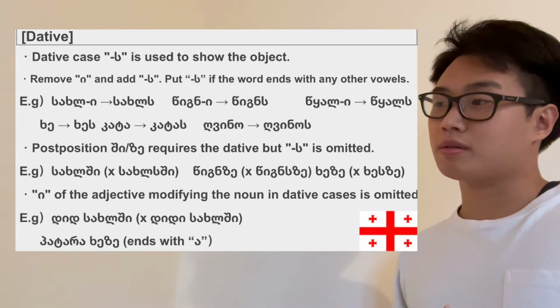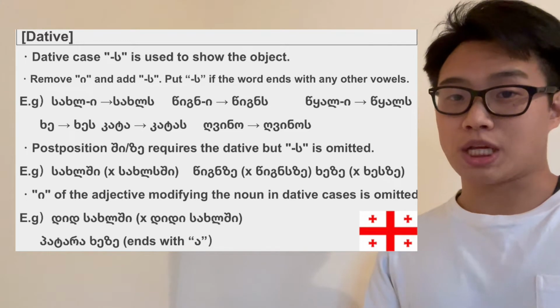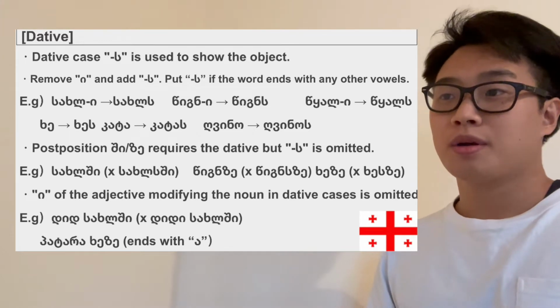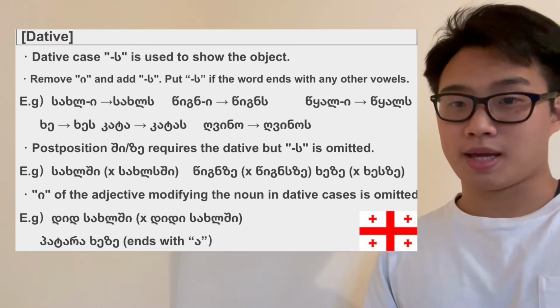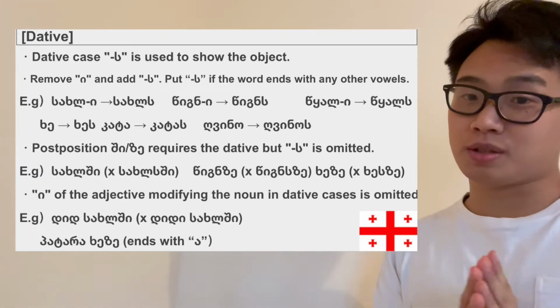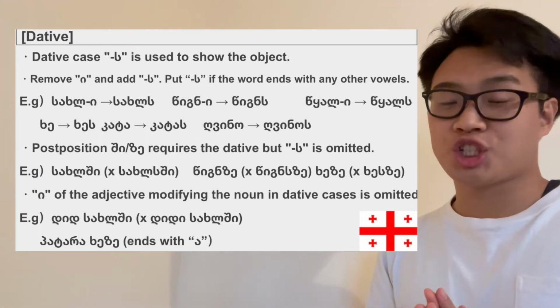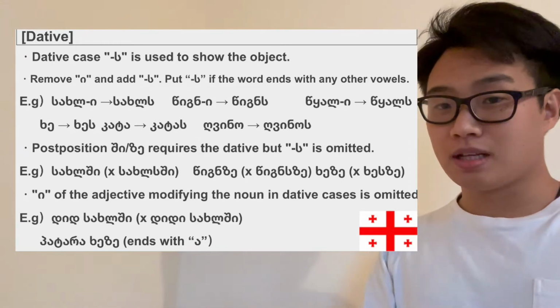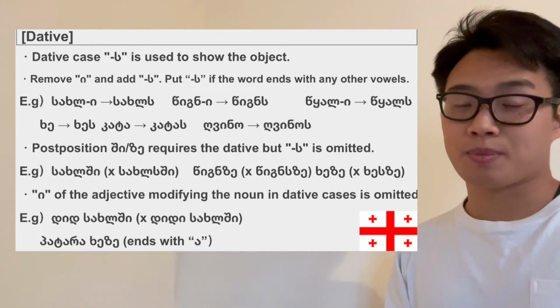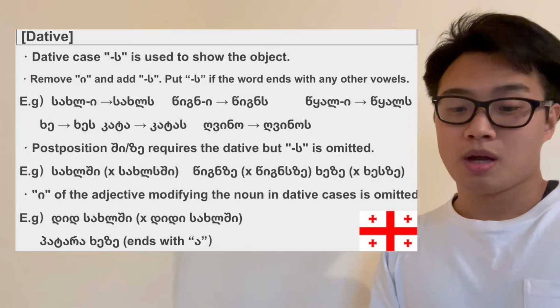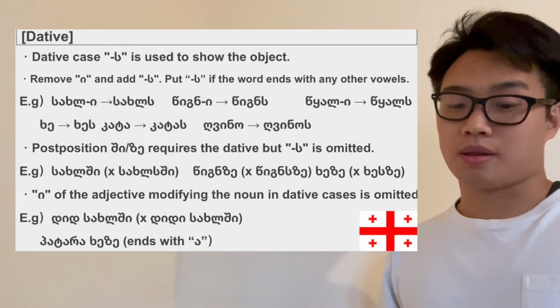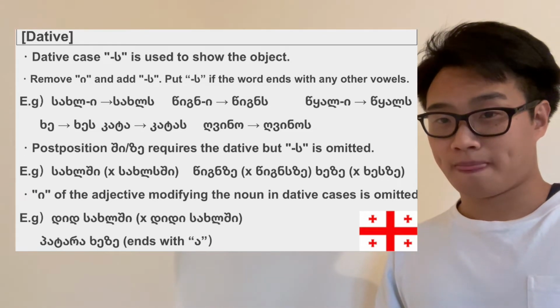And actually, there are some postpositions in Georgian which demand dative cases. For example, we've actually learned about this. The postposition shi, meaning in English, or postposition ze, meaning on in English, actually require the dative cases.